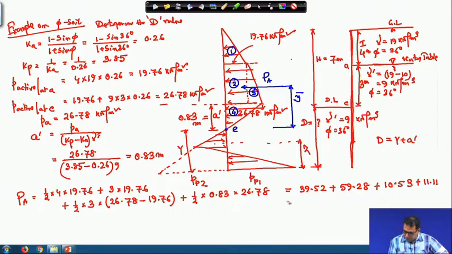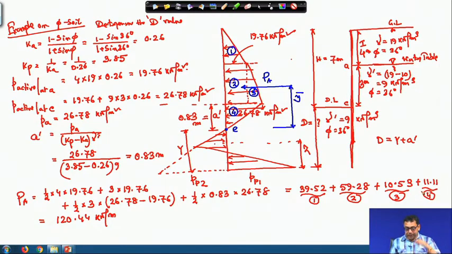So, that is equal to 120.44 kilonewton per meter. So, this is due to the first segment, this is the second one, this is the third one and this is the fourth one. Okay.